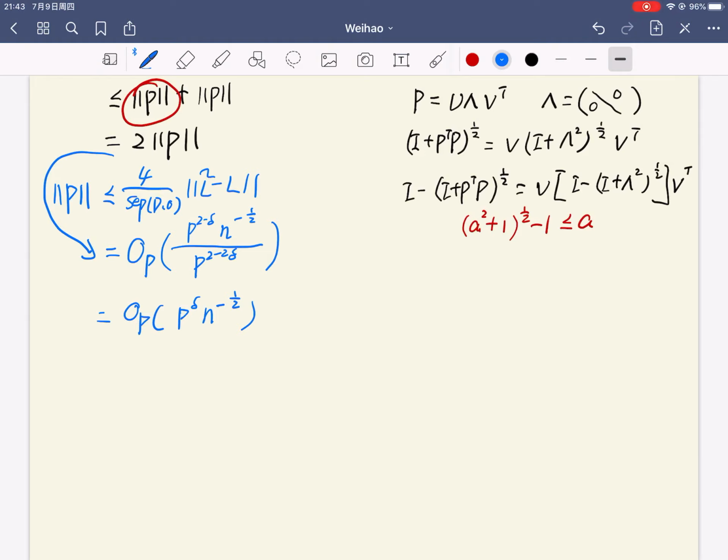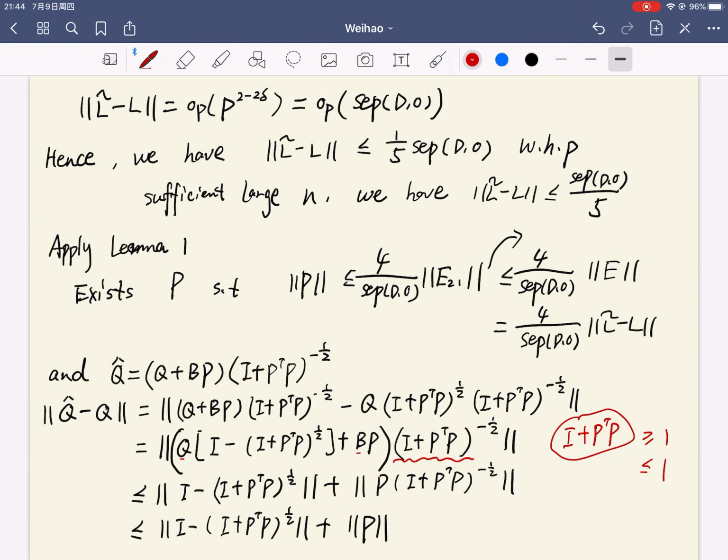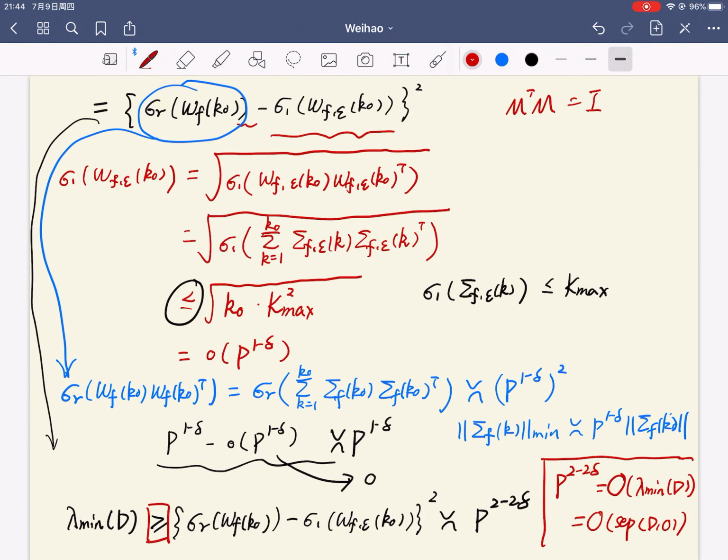here we use the fact that, which is shown in this right corner.